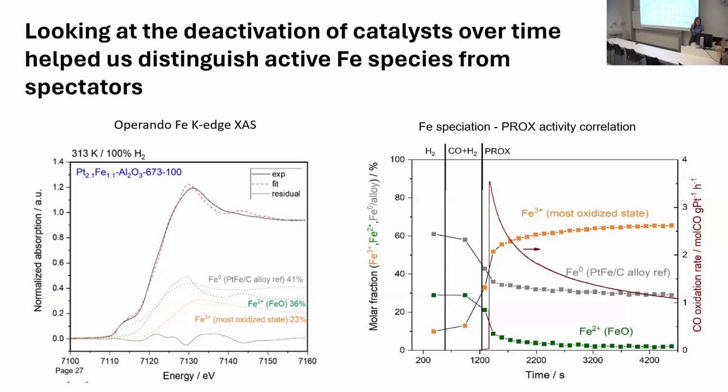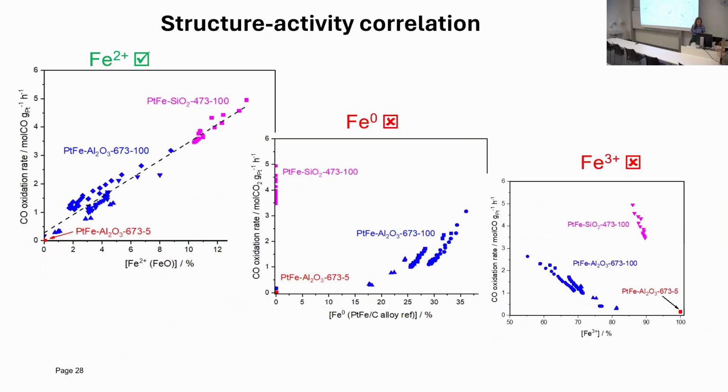So we did this experiment for several catalysts, and this is the result. We were probing how activity was correlated with the fraction of iron 2+, with the fraction of iron 0, and the fraction of iron 3+. The experiment showed for several catalysts that the activity actually correlates only with iron 2+ concentration.